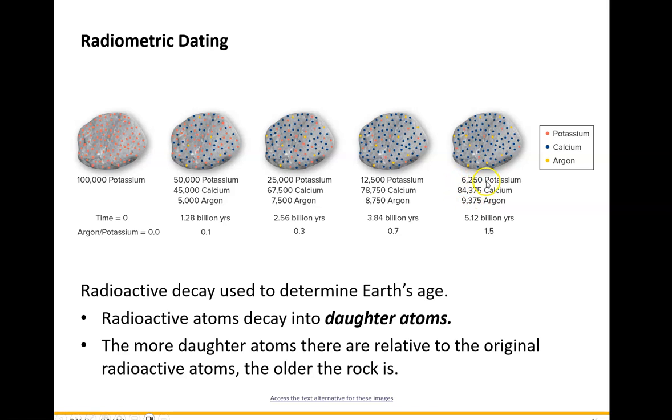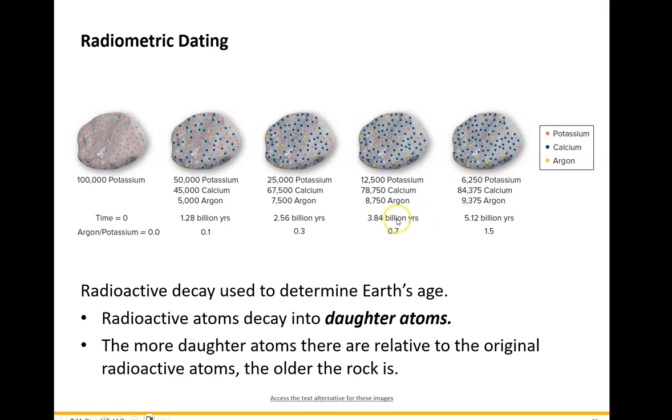Let me continue. Let's say you have 1,000 atoms of potassium-40. After one half-life, half the atoms, that's why they call it half-life, have undergone decay. They've turned into whatever they're going to become, in this case argon. Another half-life goes on, and half of those atoms that are still radioactive turn into argon, and after another half-life, another half turns.